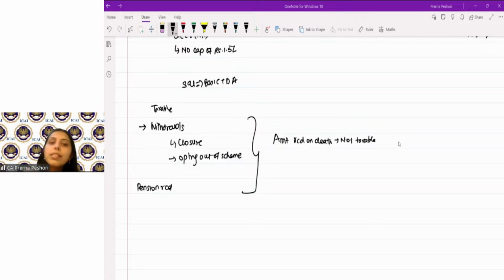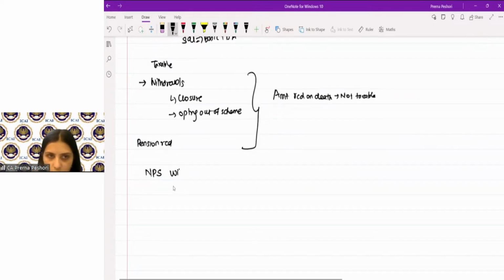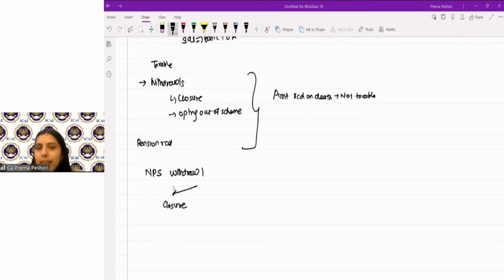However, there is section 10(12A) for the NPS withdrawal on closure. 10(12A) provides that any withdrawal from the National Pension Scheme on the closure or on opting out, to the extent of 60% of the amount withdrawn, shall be exempt.